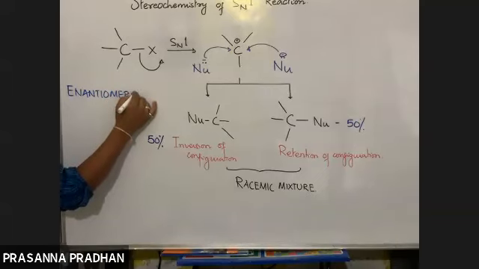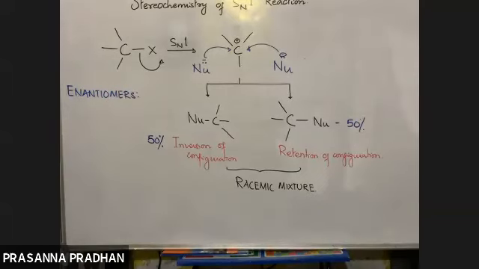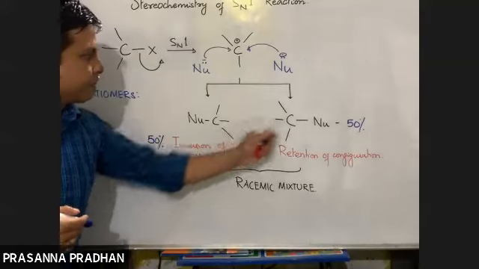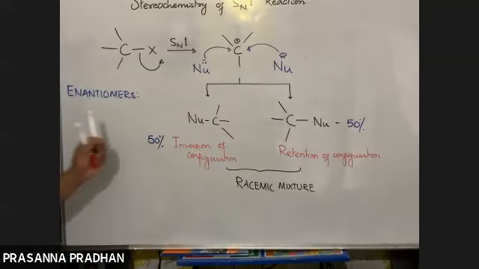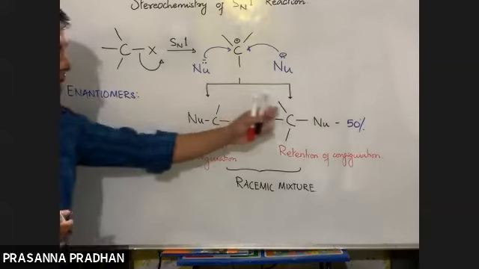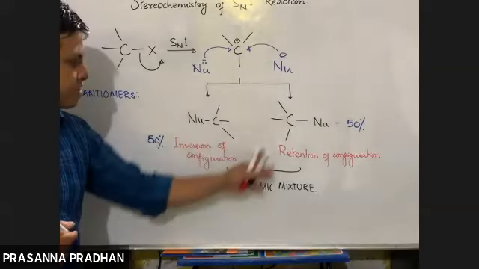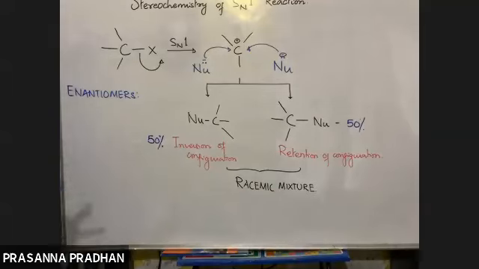So remember, during an SN1 reaction, an equal amount of two enantiomers are formed, a 1:1 mixture. And this type of mixture containing an equal amount of two enantiomers is known as a racemic mixture. So what are enantiomers?